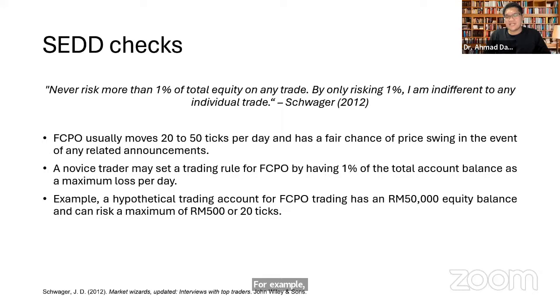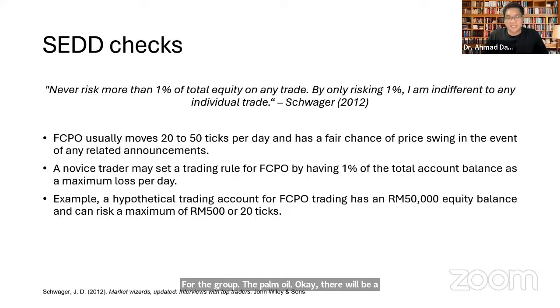And let's say on some day, the MPOB, Malaysian Palm Oil Board, or sometimes the MPOC, Malaysian Palm Oil Council, releases the supply numbers for crude palm oil, there will be a fair chance of a price swing.